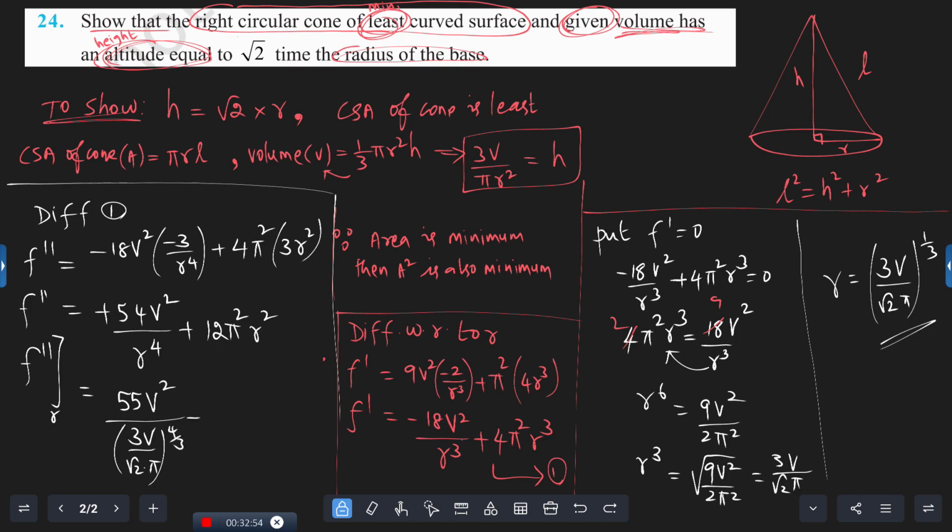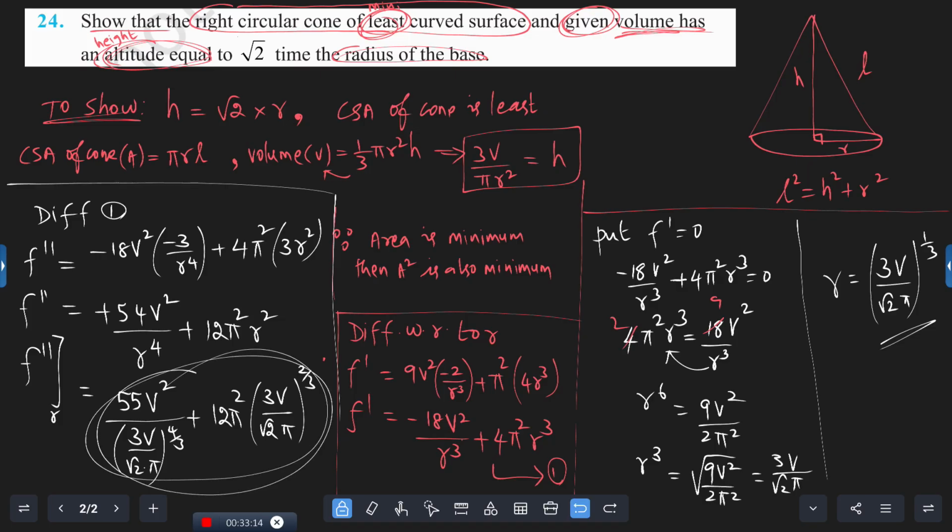Power 4 by 3 plus 12 into pi square now, the r value 3 times v divided by root 2 into pi. Here square is there, and we have 1 by 3, that means 2 by 3 you will be getting. Whatever it is, this is positive, so greater than 0 you can say.